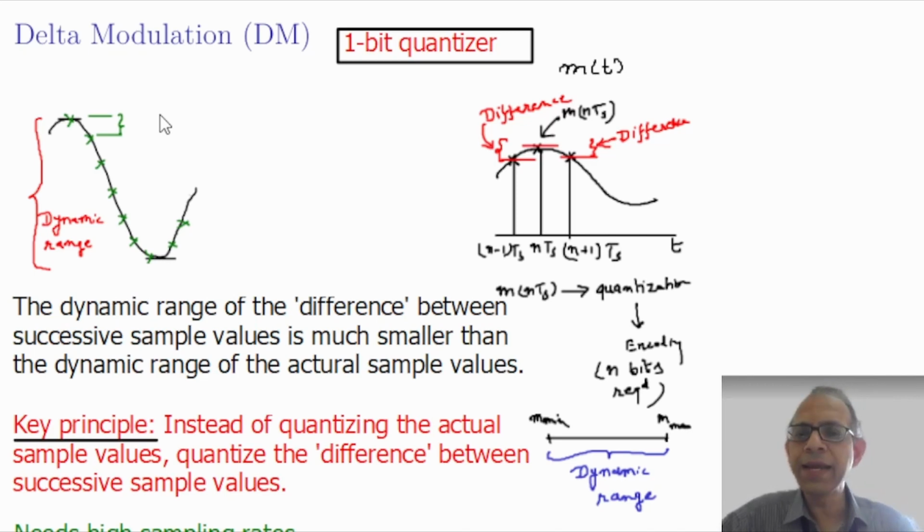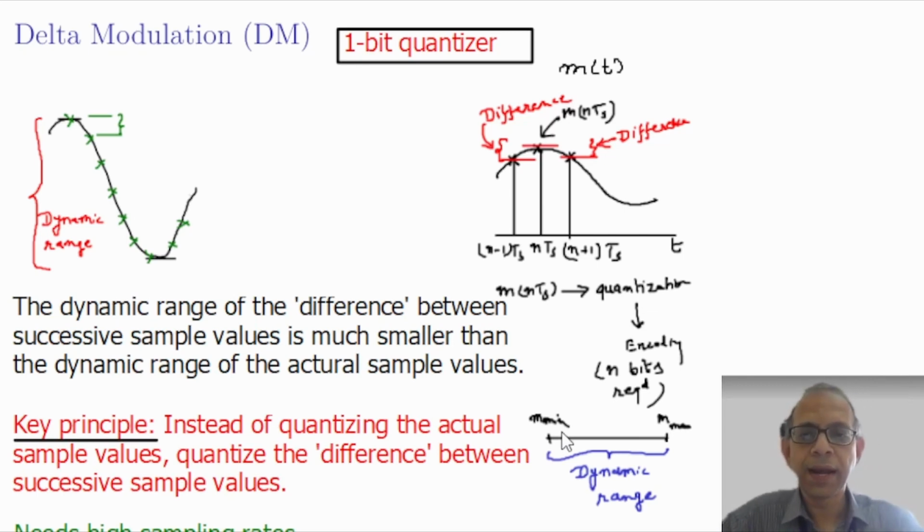So the idea here is that the dynamic range of the difference between successive sample values is much smaller than the dynamic range of the actual sample values. Therefore, instead of quantizing the actual sample values, quantize the difference between successive sample values, and that is the key principle of delta modulation.